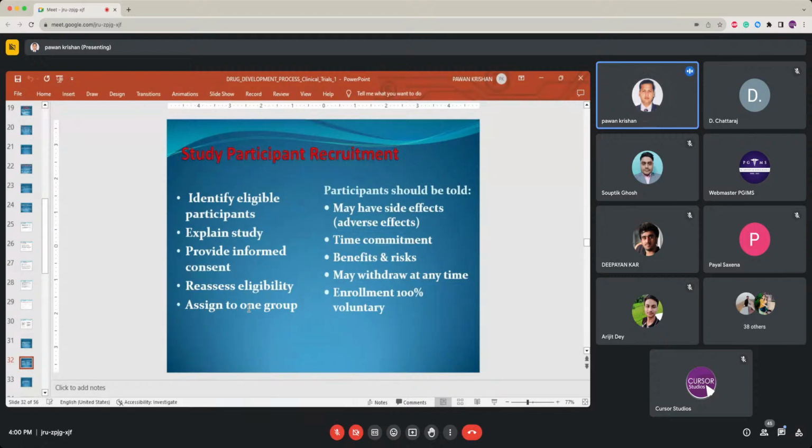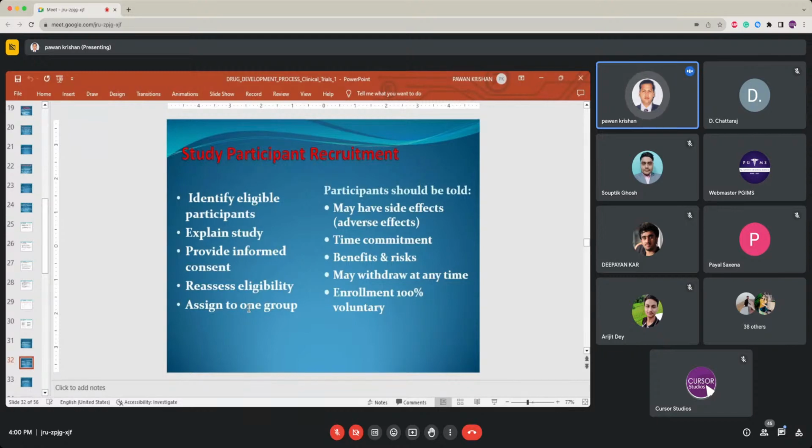Then you have to explain the study to the participants, which is called informed consent. That means you have to explain and inform the participant about the study, and take a consent from the patient or the participant regarding participation in that study. It is very important and mandatory by regulatory authorities that you have to give a written informed consent.